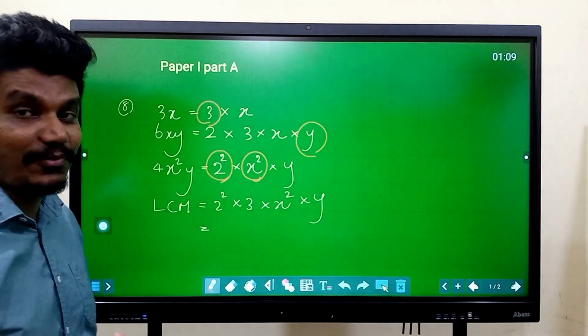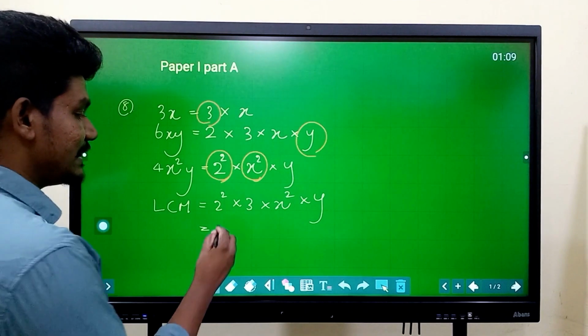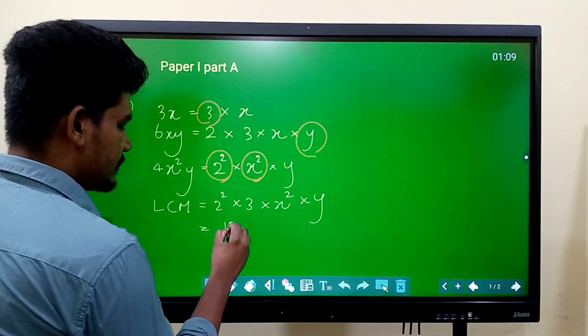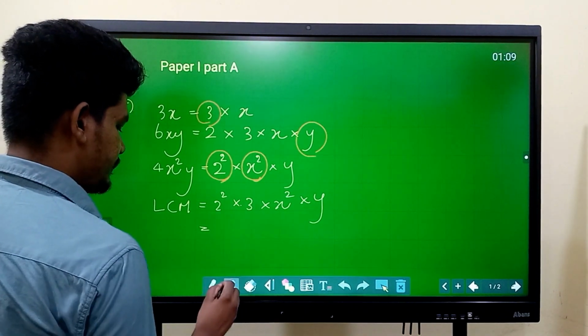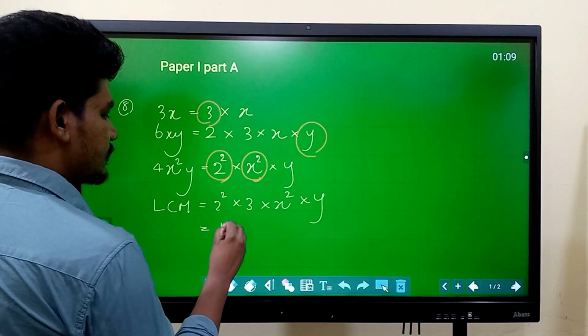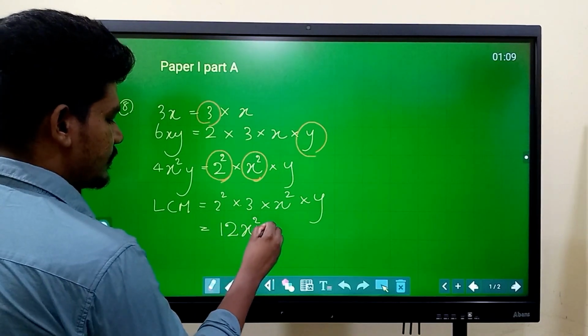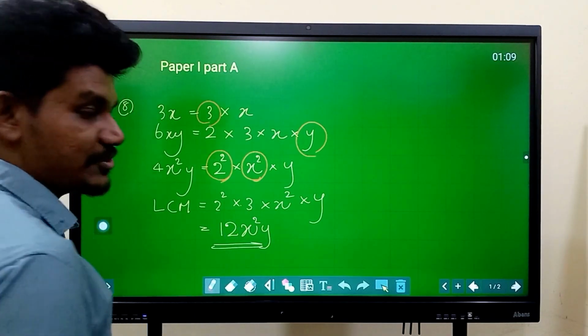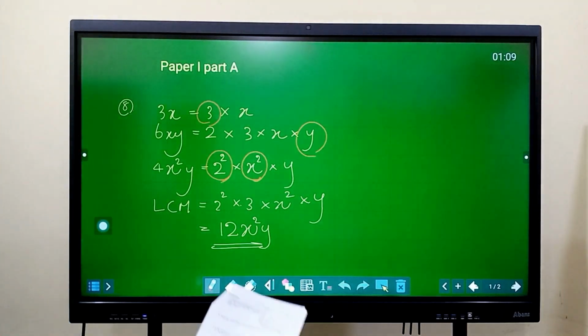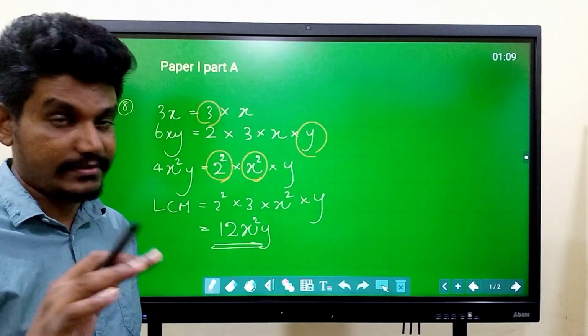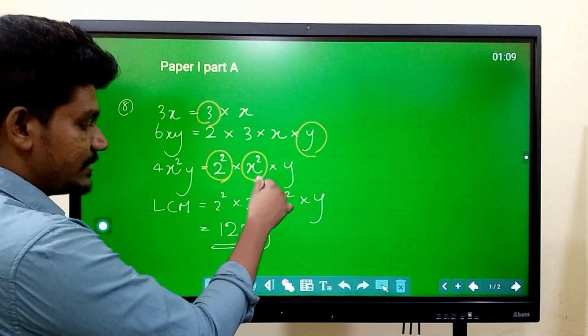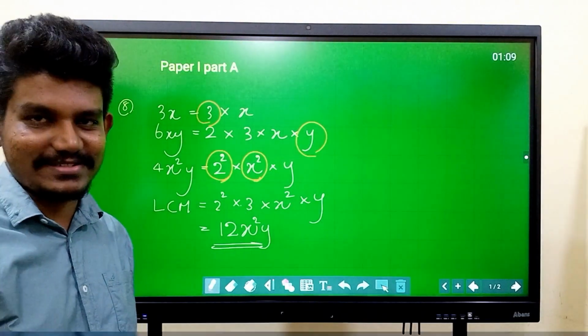Then 2 squared is 4, 4 multiplied by 3 is 12, so it is 12x squared y. That should be the LCM. 12x squared y is the answer. Here also we will need 2 marks: 1 mark for the method and 1 mark for the final answer.